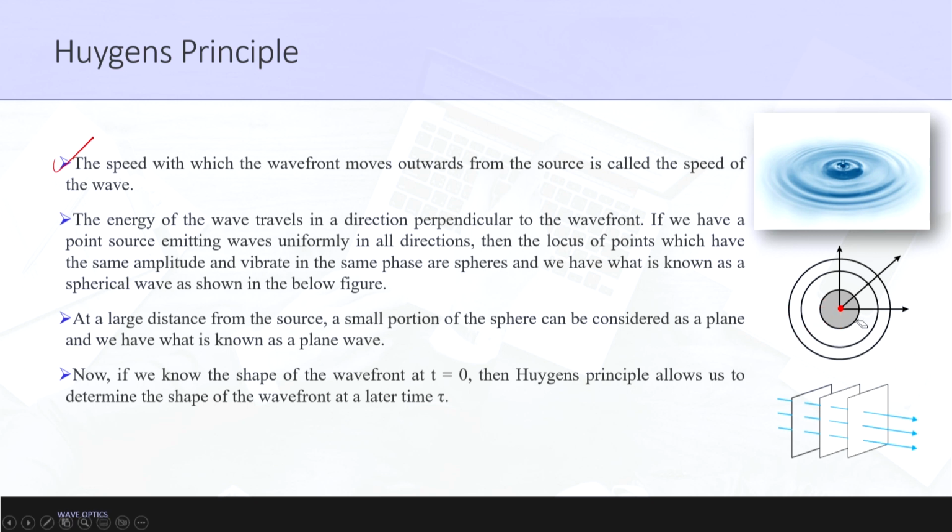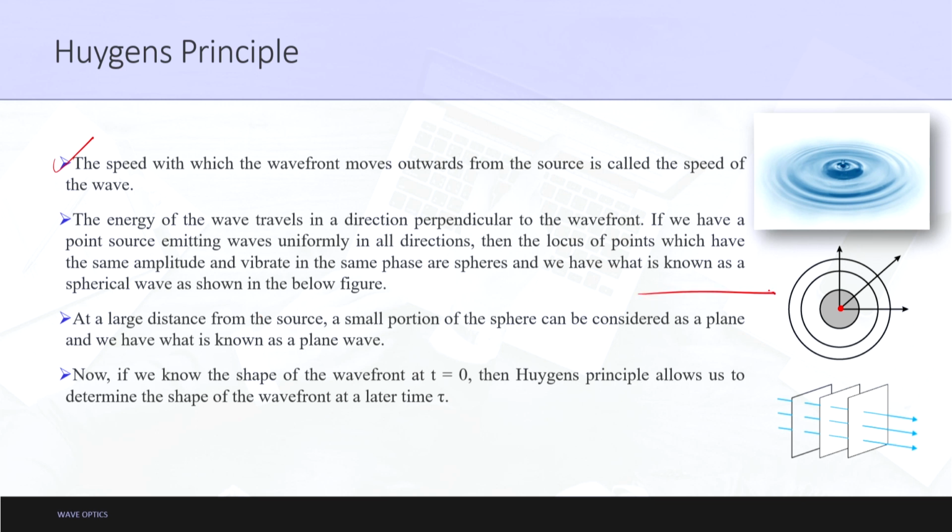If we have a point source emitting waves uniformly in all directions, then the locus of points which have the same amplitude and vibrate in the same phase are spheres. When we see the 3D diagram, it is nothing but a sphere, and we have what is known as a spherical wave, as shown in the below figure.